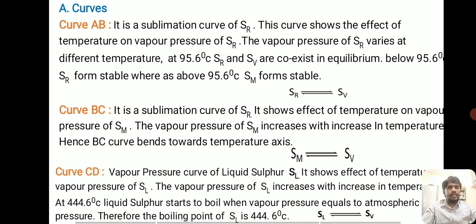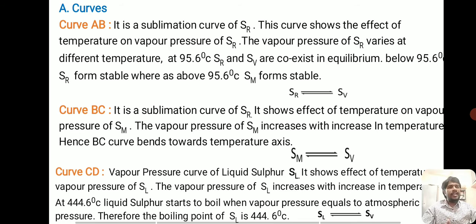Curve AB. The curve AB is a sublimation curve of rhombic sulfur. SR means rhombic sulfur. This curve shows the effect of temperature on the vapor pressure of rhombic sulfur. The vapor pressure of rhombic sulfur varies at different temperatures. At 95.6 degrees Celsius, rhombic sulfur and sulfur vapor coexist in equilibrium.